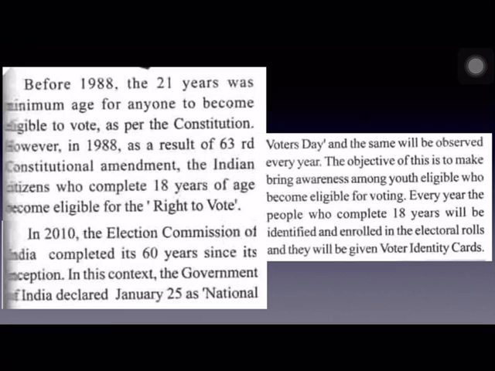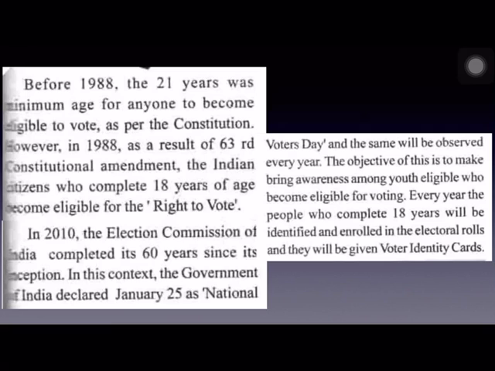Now, after our independence, from 1947 to 1988, 21 years was the minimum age for anyone in India to get the right to vote. In 1988, an amendment was made to the Constitution of India, that is the 63rd Amendment.